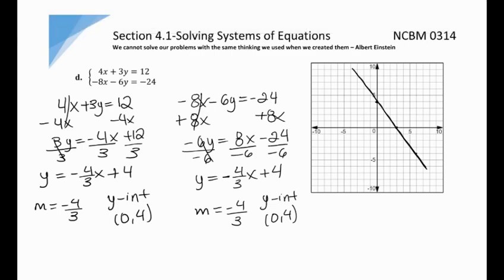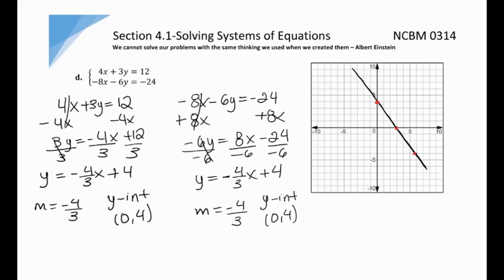We're going to graph our y-intercept, which is 0, 4. So right here, then we count 4 down and 3 to the right. 1, 2, 3, 4, and 3 to the right. So what's happening here? As you can see, the points are on the exact same line as the other one.